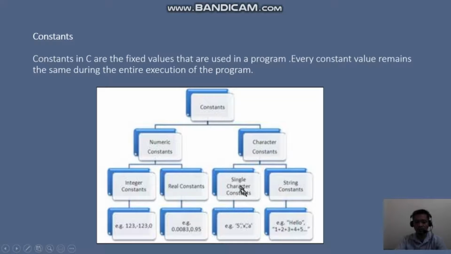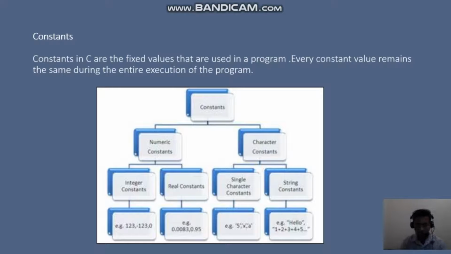So single character constants are represented by single quotation marks, like for example, in this case, open and close single quotes: 5, X, and A. If you would like to represent a character constant, that is actually represented by single quotes.